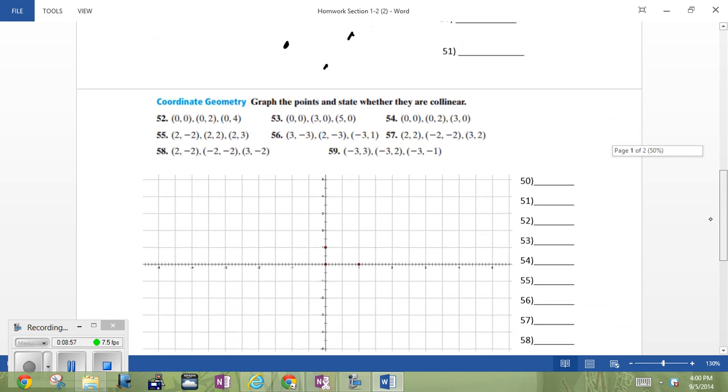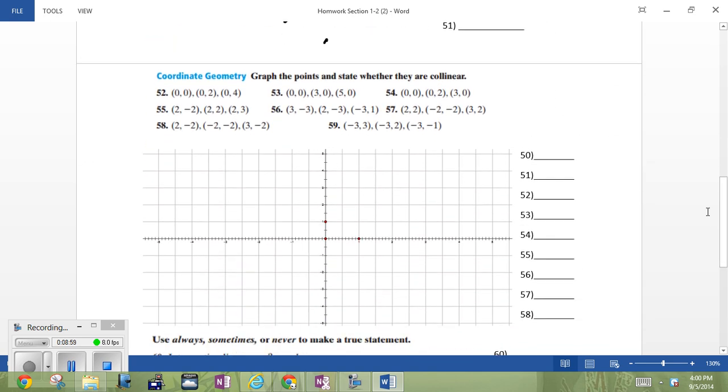All right, plotting points. I hope we all know how to plot points. Are the points that you plot collinear? Well, one way to do it is to simply plot them out and see if you can draw a straight line through them. Some ways, you don't even have to do that. You can just look, like 52, 0, 0, 0, 2, and 0, 4.